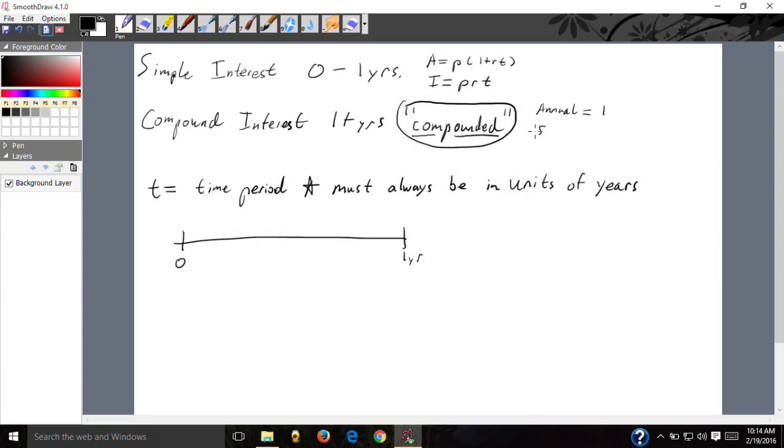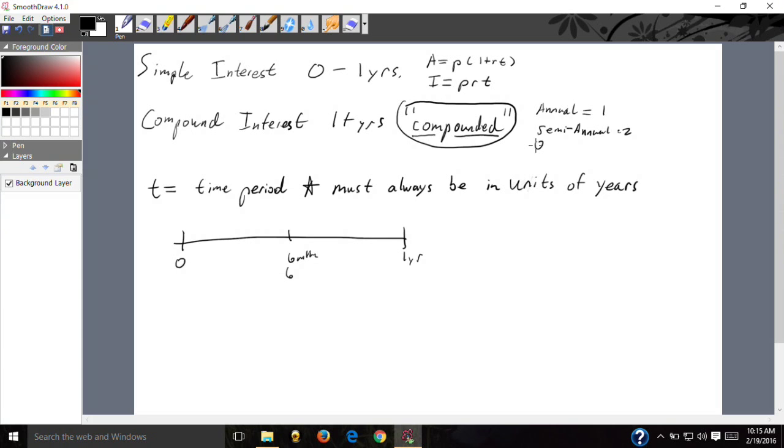And I can have semi-annual, which is 2 periods in a year, 6 months. So I have 1 period from 6 months and another period at 1 year. That's where the semi-annual comes in.